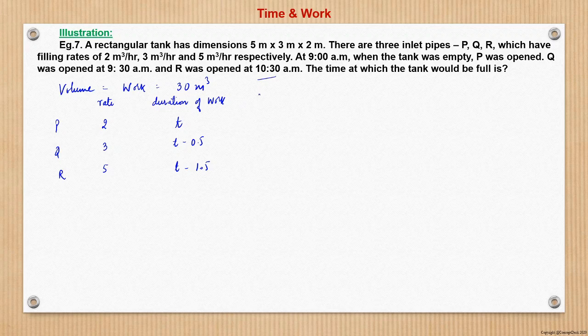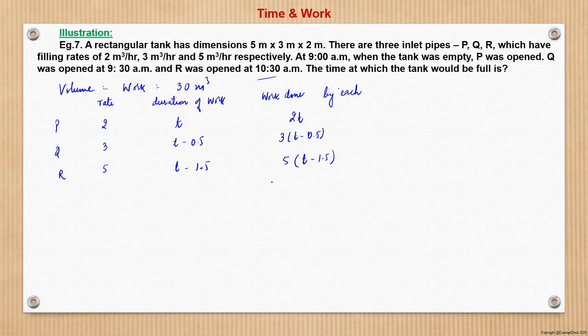So work done individually, or rather work done by each is 2T, then 3 into T minus 0.5, and then here it is 5 into T minus 1.5, right?